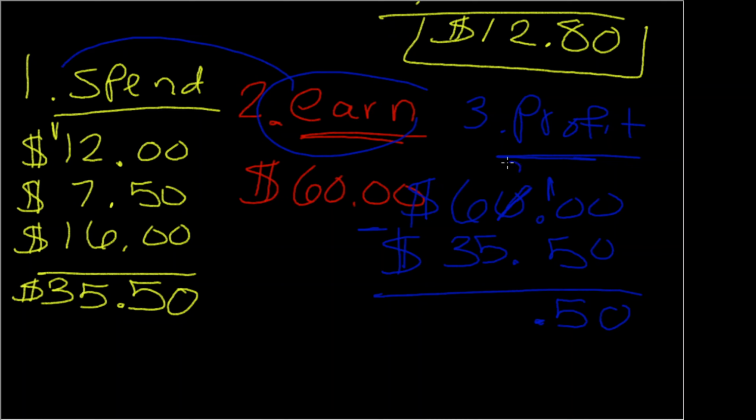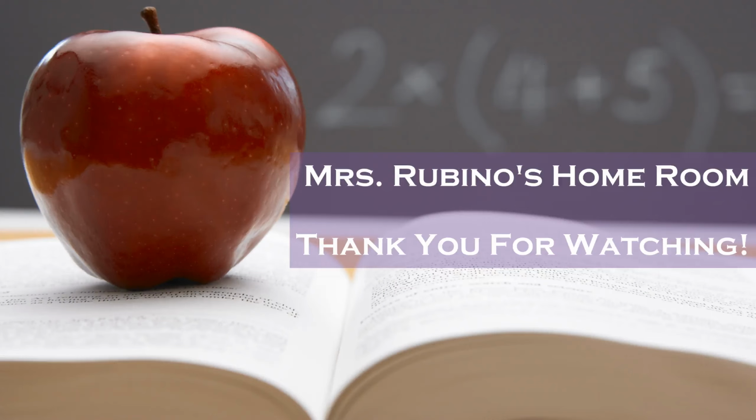That 0 becomes a 9. 9 minus 5 becomes 4. Took away from that, I also take it away from here, and that becomes a 5. So 5 minus 3 is 2. And I earned $24.50. That is my profit.